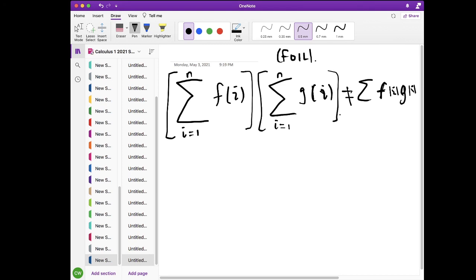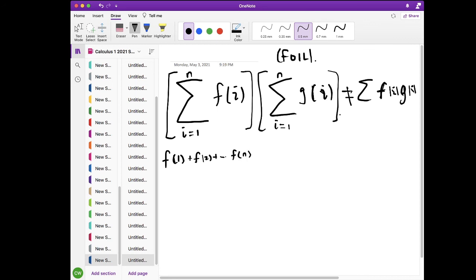So if you write it out, this would imply you just multiply everything across, right? But with FOIL, there's a distribution going on. So this is the FOIL for sums.